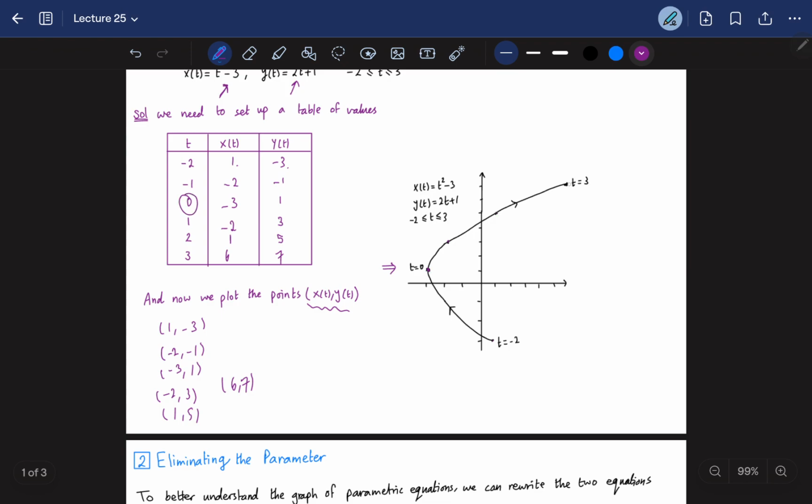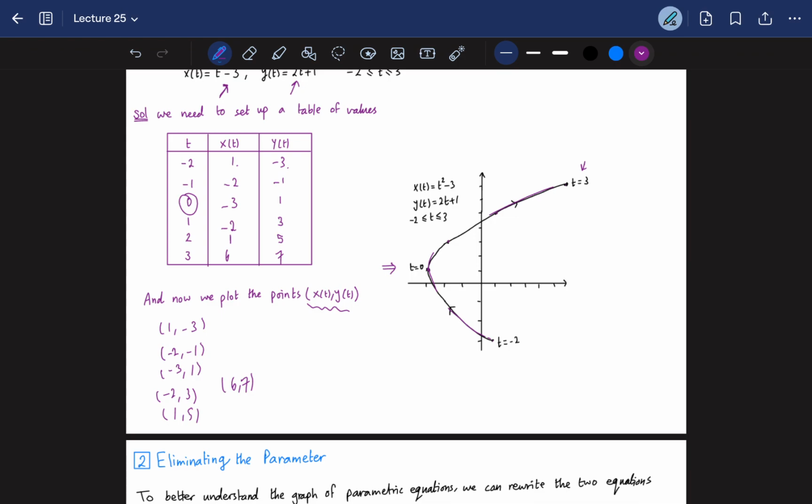Similarly, you can plot the rest of the points, and as you can see, as our parameter is increasing from negative 2 to 3, the values of x and y are moving along the curve. Okay, perfect. So that's the first thing that you need to know. If you have a set of parametric equations, how can you sketch the graph of these equations? You just set up a table, find the points, and then plot them on the plane.